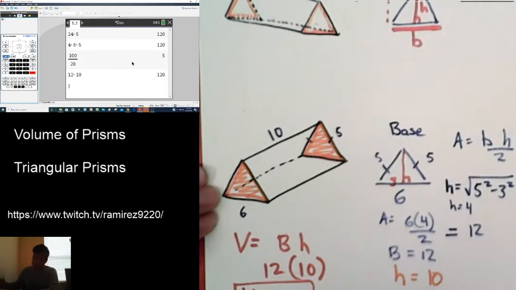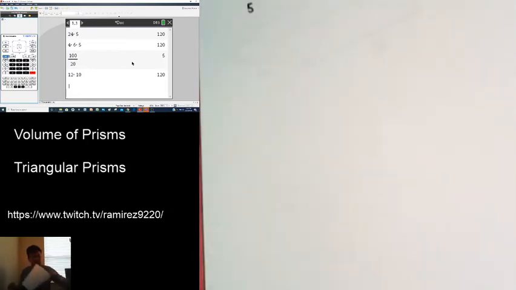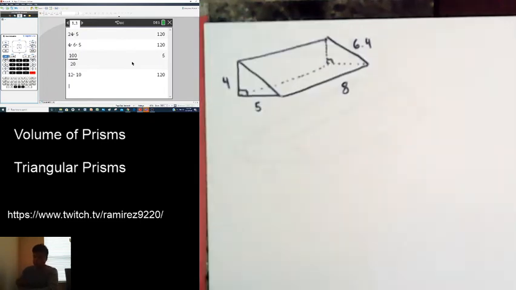The thing about triangular prisms is odds are you are going to have to find something, right? Find the height or something. Maybe you'll do the Pythagorean theorem. Look for that. Here's the last example I want to talk about here. This one's an easy one. Again, I would like for you to identify the base.